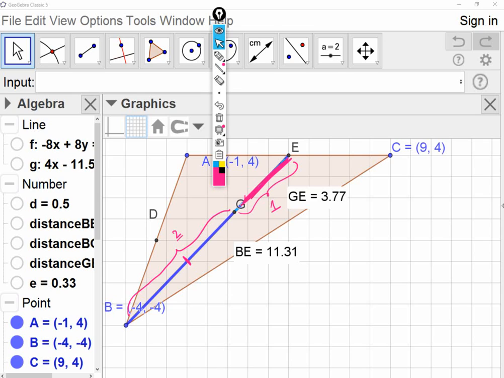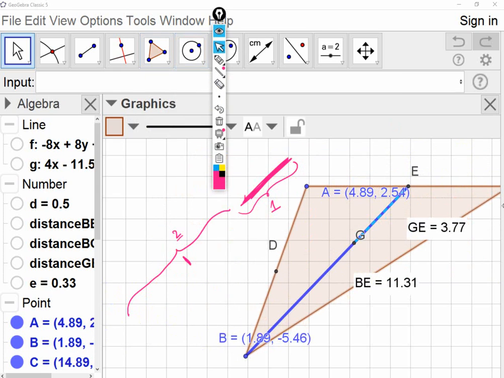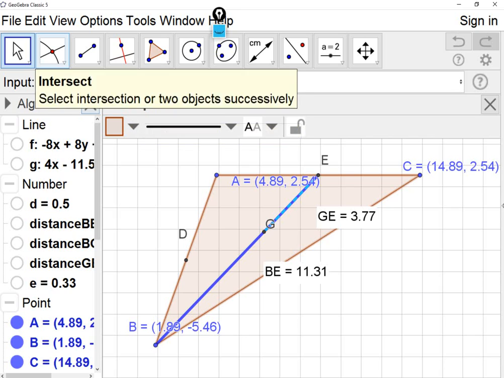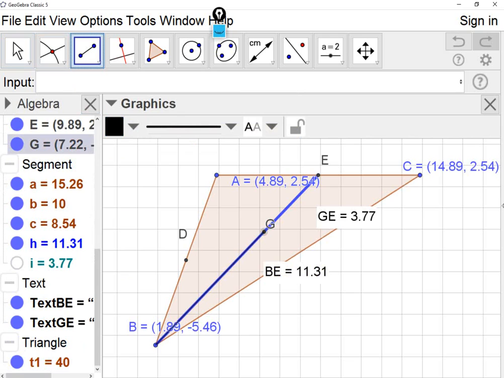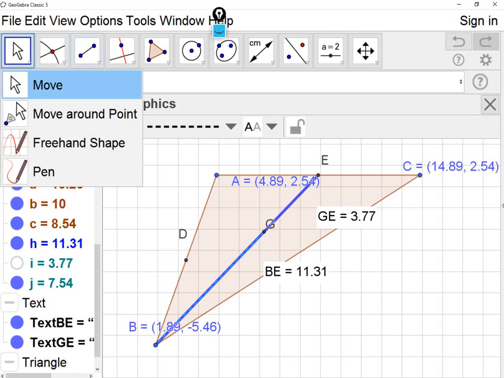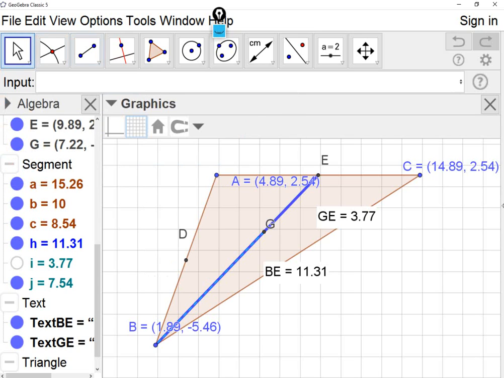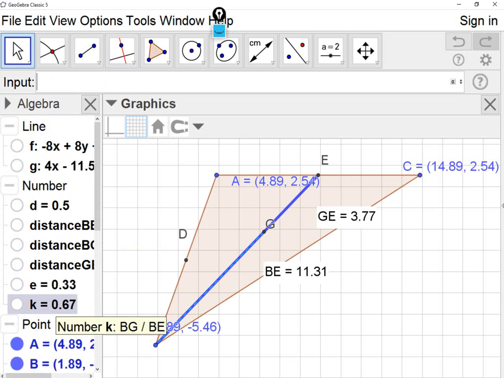So if that's a 1 to 3 relationship, then we can also make the argument that this segment here, which we'll make light blue again, dotted, is the longer segment. This is from the vertex to the centroid. So if I look at B to G divided by the entire median B to E, that should give me 0.6 repeating. It's rounding it to 0.67, but that is 2/3.